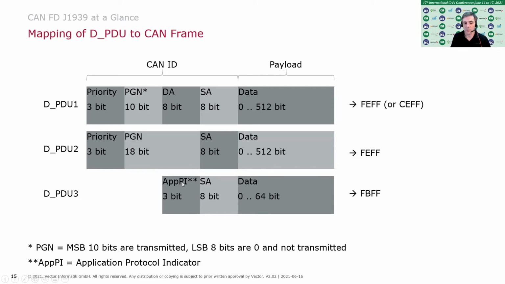Here, typically, it is encoded which non-SAE application protocol is used. This is the reason why you cannot use 11 bits anymore for your proprietary communication, because all CAN FD nodes would probably interpret this in a different way and would not follow your proprietary rules.